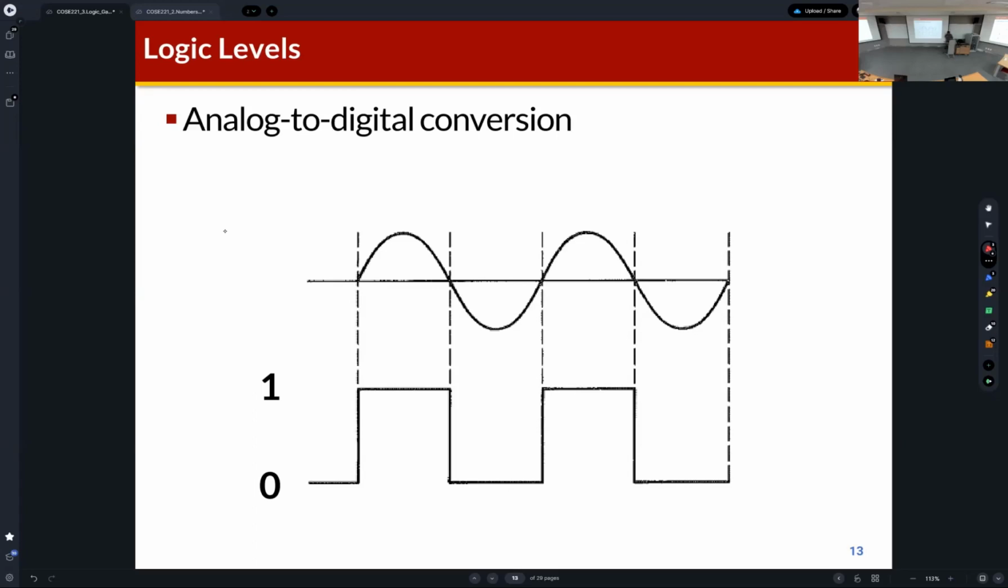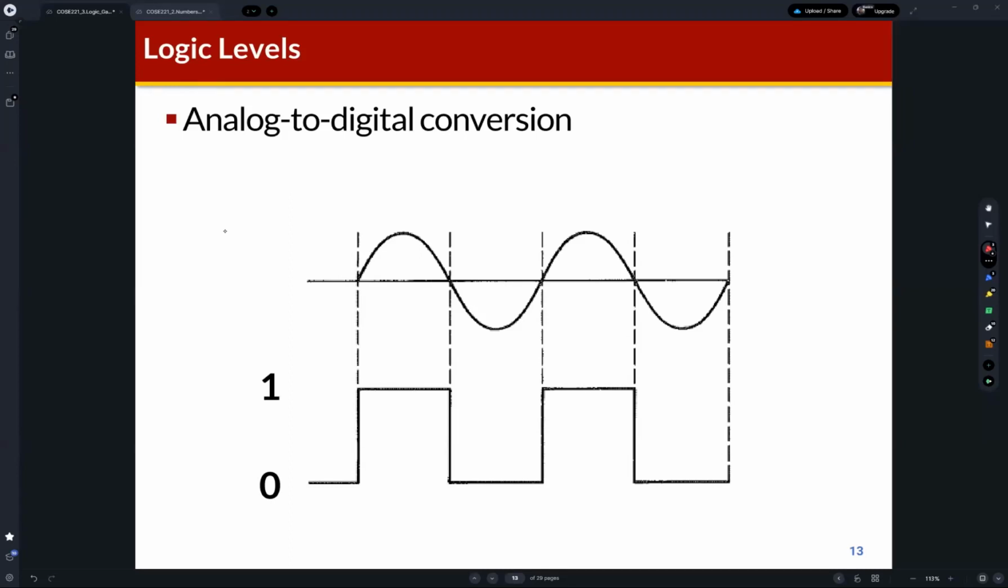Now I will explain the logic level. It's a real world problem. I mentioned that in the real world, all signals are analog signals like this. Analog signals means that the signals have many levels, many different values, and these signals are continuously connected.